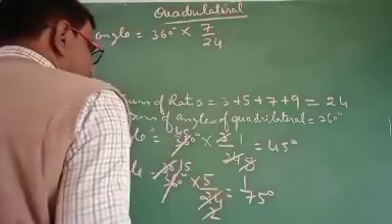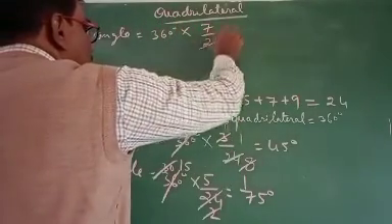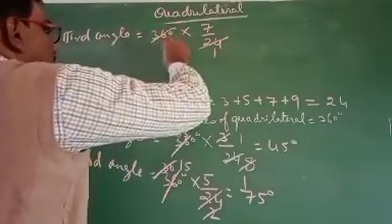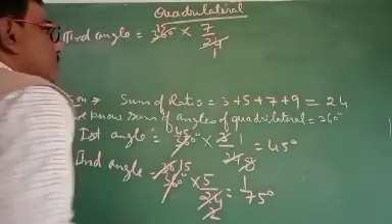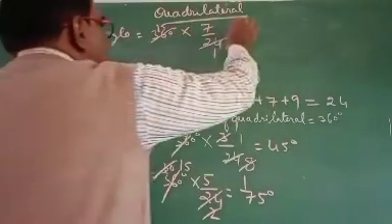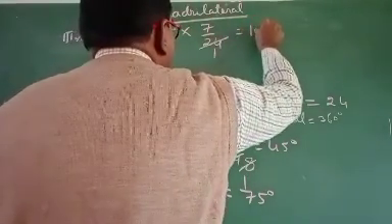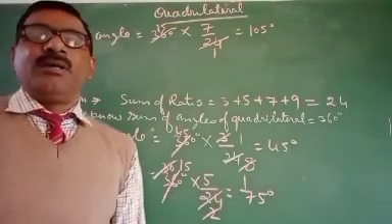When you divide 360 by 24 we get 15, and 15 multiplied by 7 equals 105 degree. Therefore the third angle will be 105 degree.